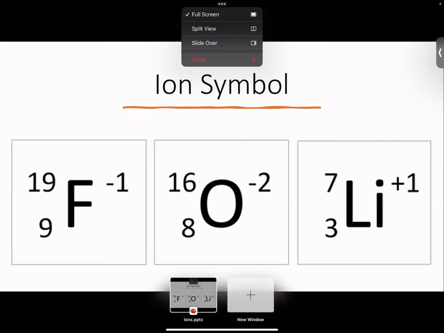Now going back to this diagonal, you will notice that everything to the right except for the noble gases forms anions. Everything to the right forms anions. That's because your non-metals, which are to the right of that diagonal, form anions.